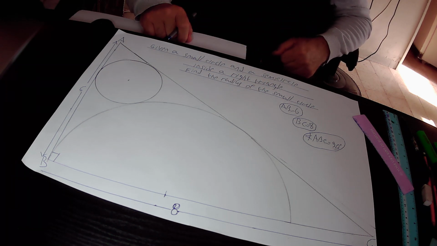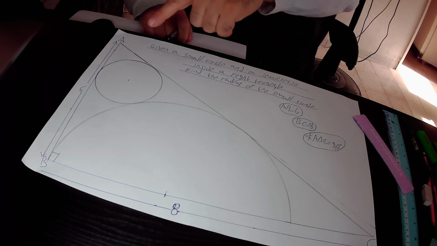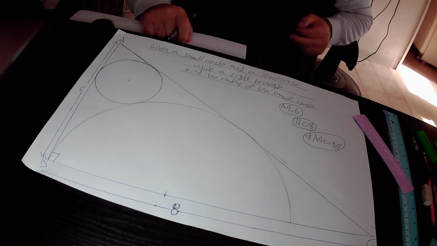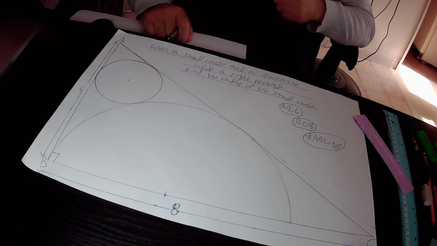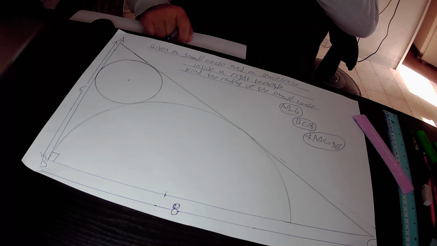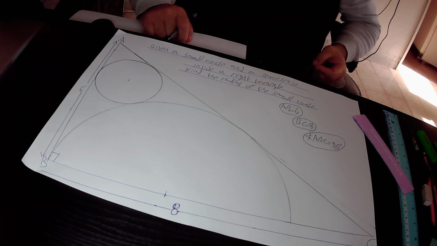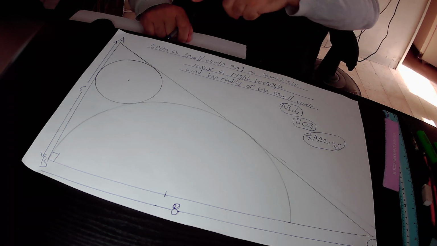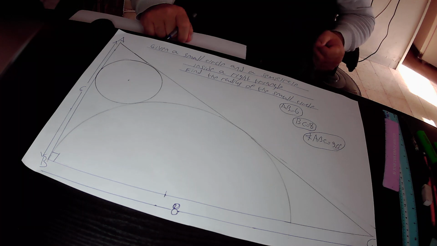Inside the right triangle ABC we have this small circle and this big semicircle, and our mission is to find out the radius of this small circle. So, first of all, we will implement the Pythagoras theorem on this right triangle, triangle ABC.